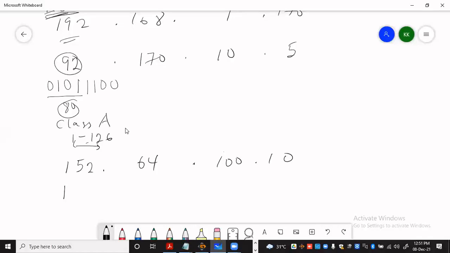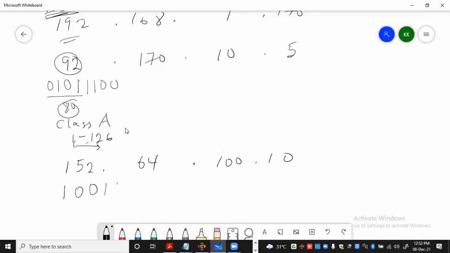24. So 64 cannot be turned on. So 64 has to be off. 32 cannot be turned on either because 32 is bigger than 24. So also 0. But 16 can be turned on because 16 is less than 24. 16 out of 24 will give you 8.